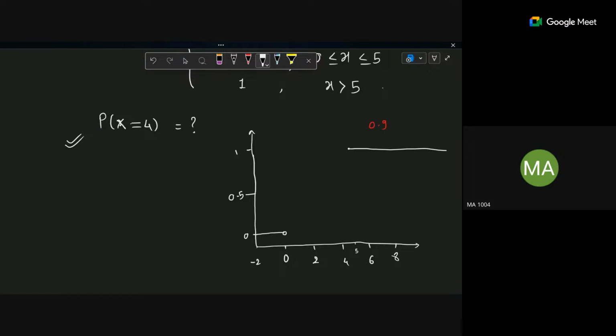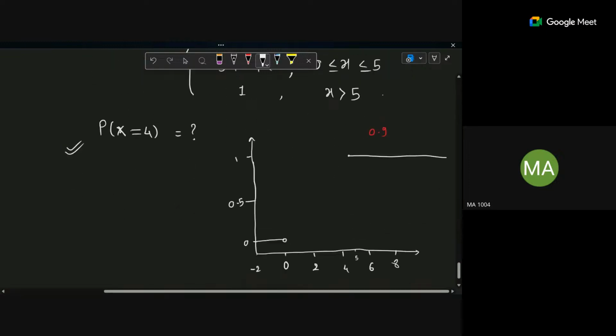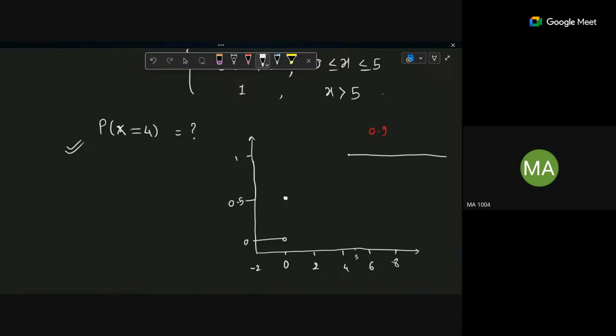From 0 to 5, it's taking 0.5 plus 0.1x. So at 0 it is taking 0.5, and further it's connected like that.